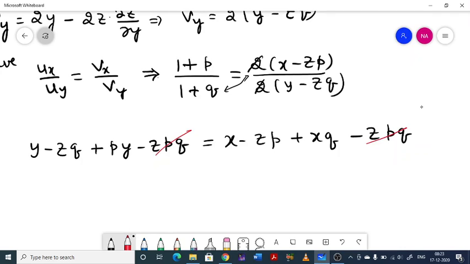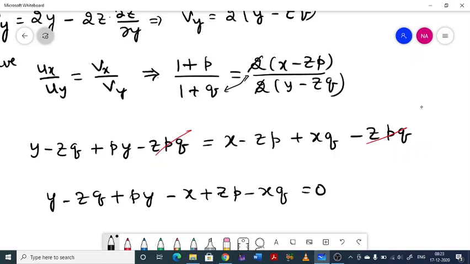Then taking terms on one side, y minus zq plus py, I have written it like this, let us take these terms to the left, minus x plus zp minus xq equal to 0.